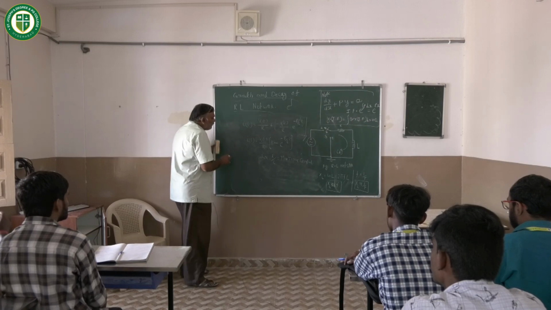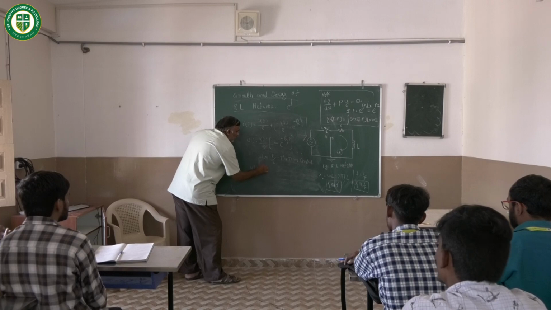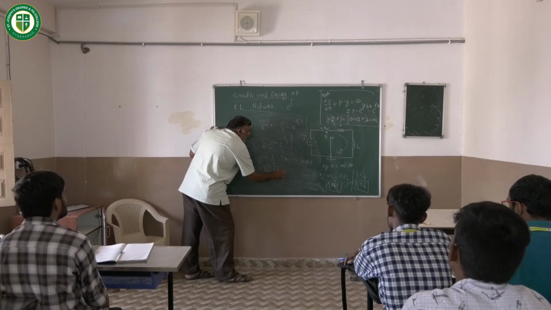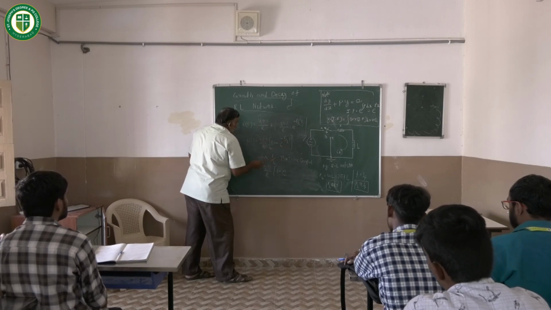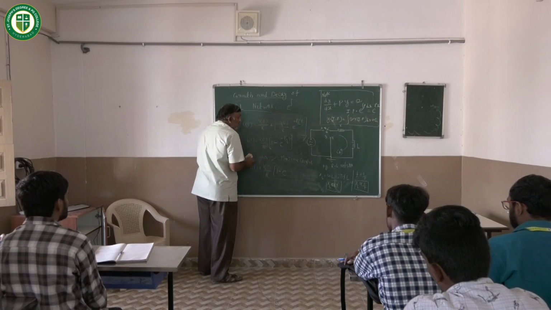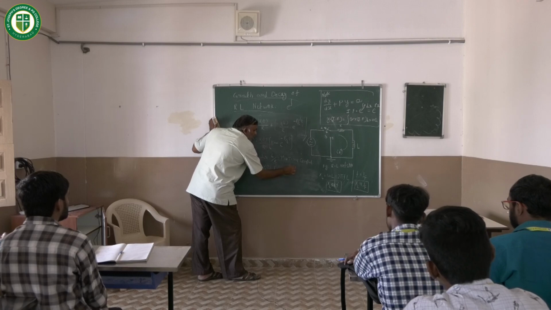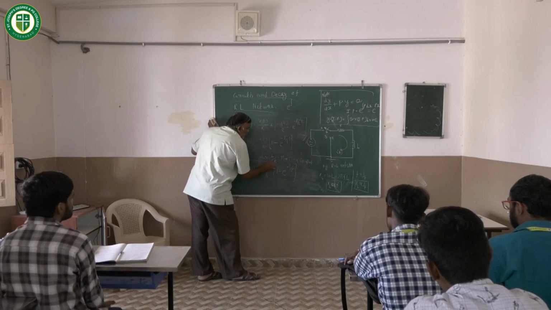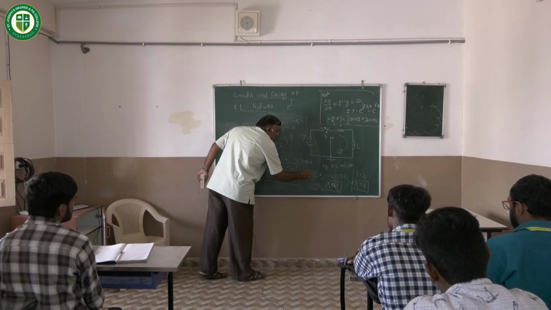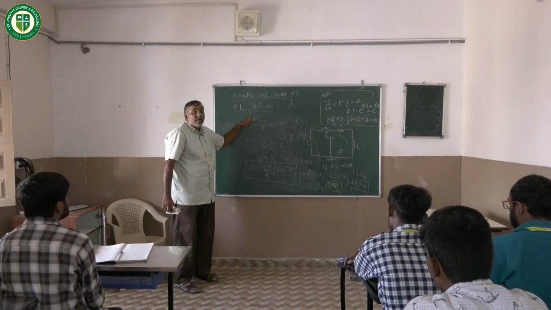So my final expression is going to be i of t is equal to Vi of t by R into 1 minus e power minus t by tau, where this is not R by L, this is going to be L by R. This is my equation A, which represents the growth current of an RL network.